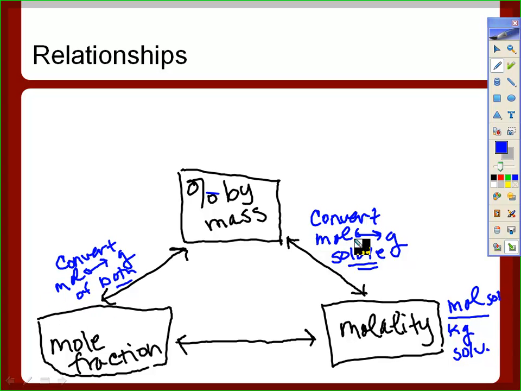And the beautiful thing down here is that if you want to go from mole fraction to molality, you can as well. Mole fraction, you have the moles of everything, so you would just have to convert your moles of your solute, or excuse me, moles of your solvent to grams of your solvent in this case, or vice versa.